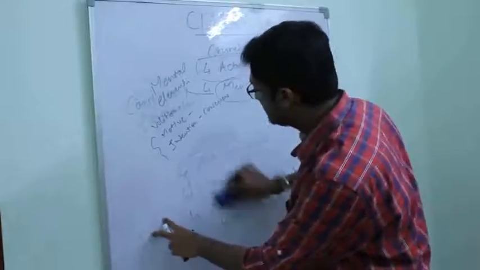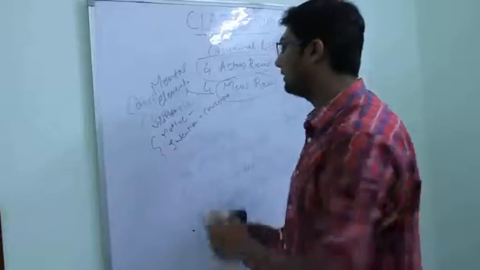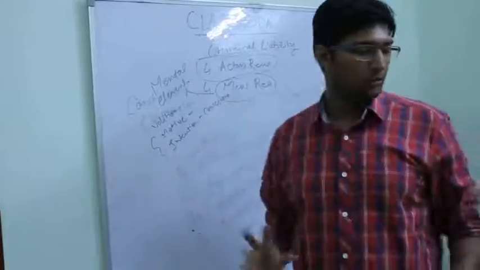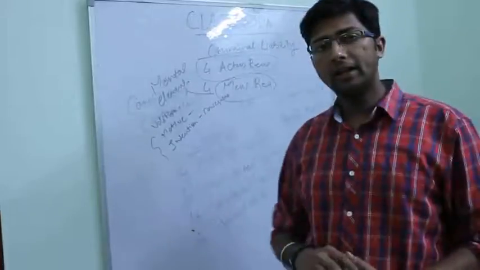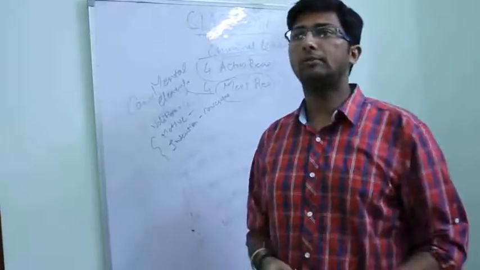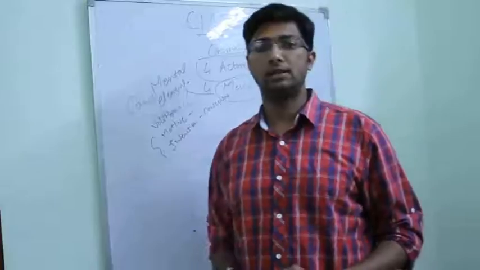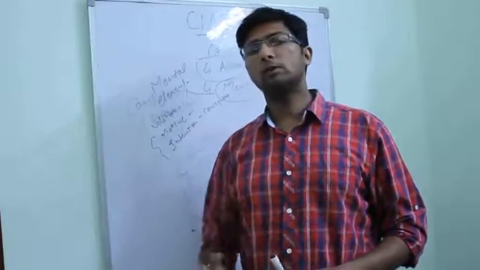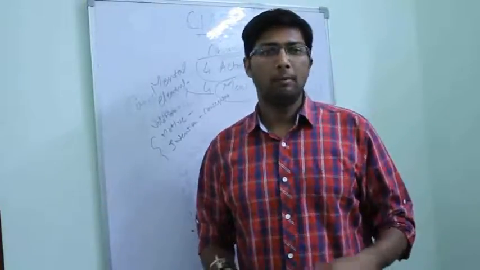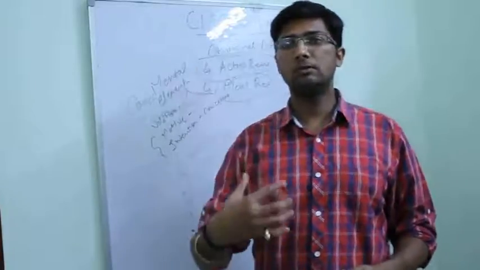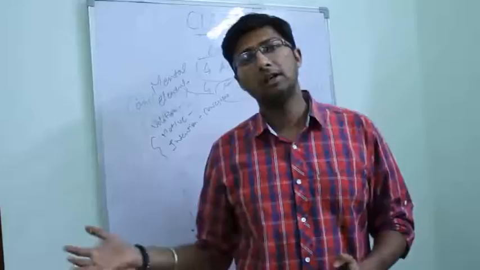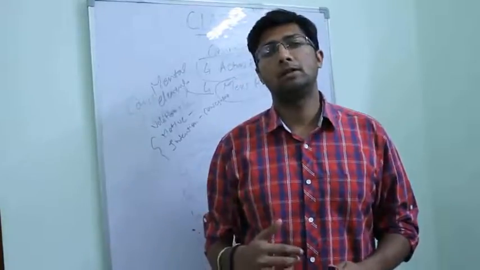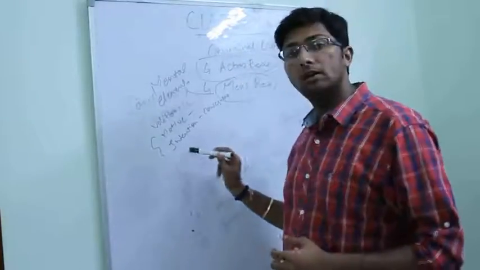However, they are not, because in intention, I'm seeking a certain consequence. What would be my consequence when I hit someone? The consequence which I'm seeking is that the particular person whom I'm hitting experiences some pain. So that is my intention here.